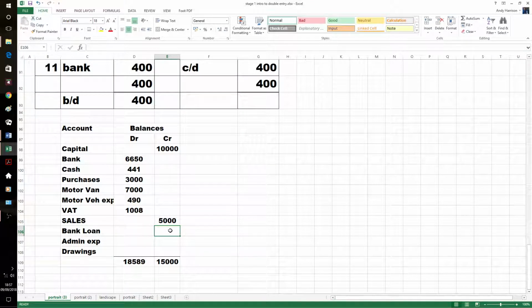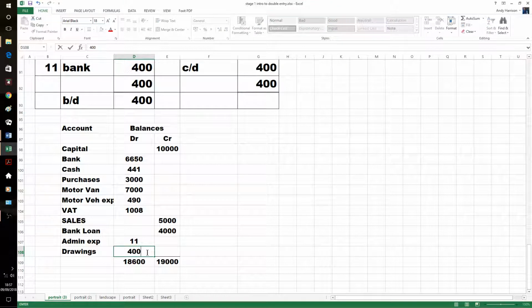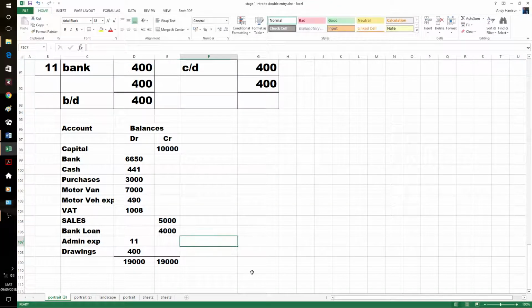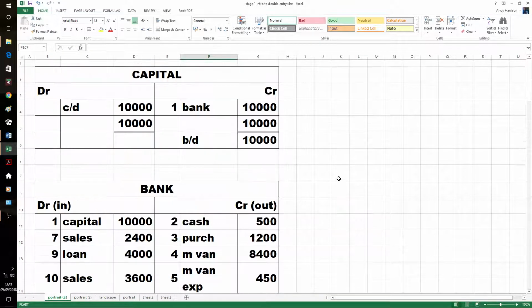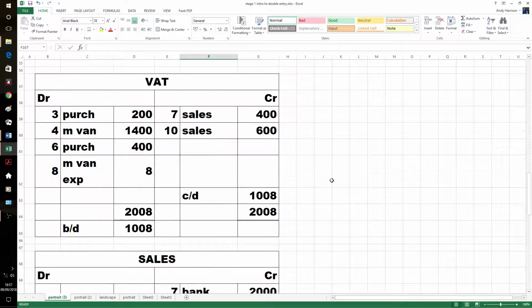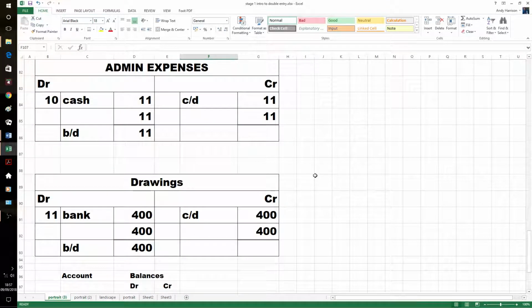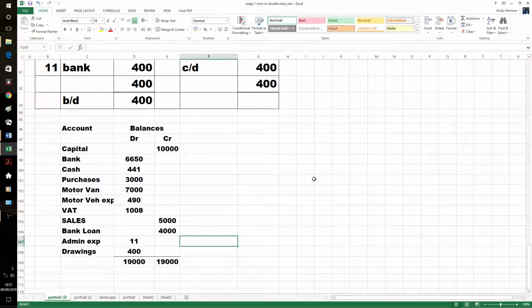These are just the brought down totals, 4,000 in our bank loan account. Our admin expenses came in at 11, and she took out £400, and our debits equal our credits, which means we probably haven't made a mistake, although there are mistakes we could have made if you've got something completely the wrong side. But there are other ways of checking it, as you'll learn through level 2.